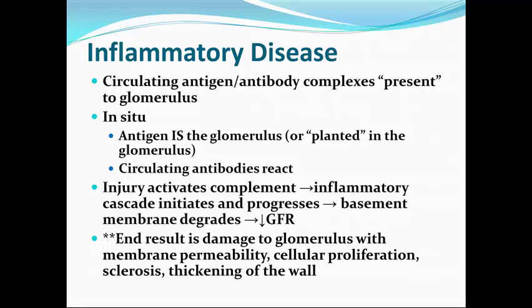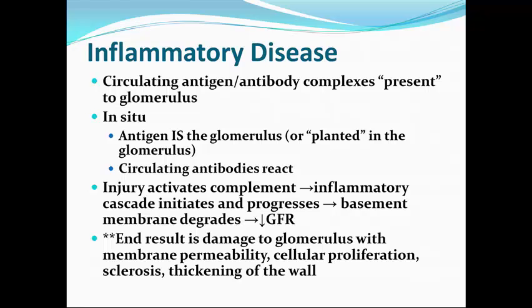As with all inflammatory processes, the injury activates complement, which then initiates the inflammatory cascade and causes additional progression. Now remember again, with that inflammatory cascade, you not only have inflammation, you also have coagulation occurring. Because of this initiation of the inflammatory cascade and progression, the basement membrane of that glomerulus begins to break down.